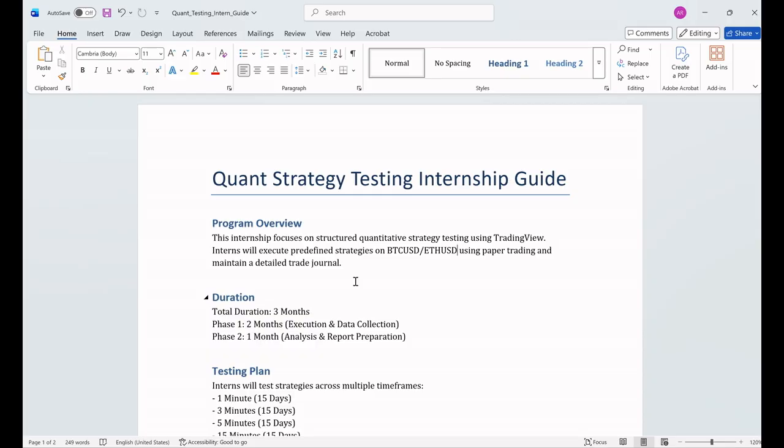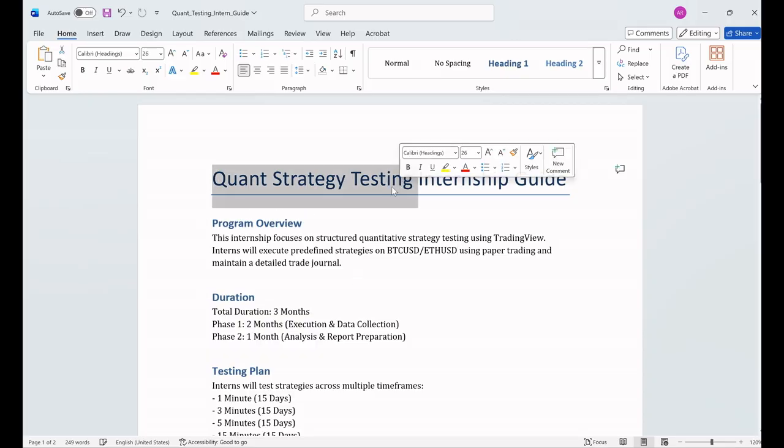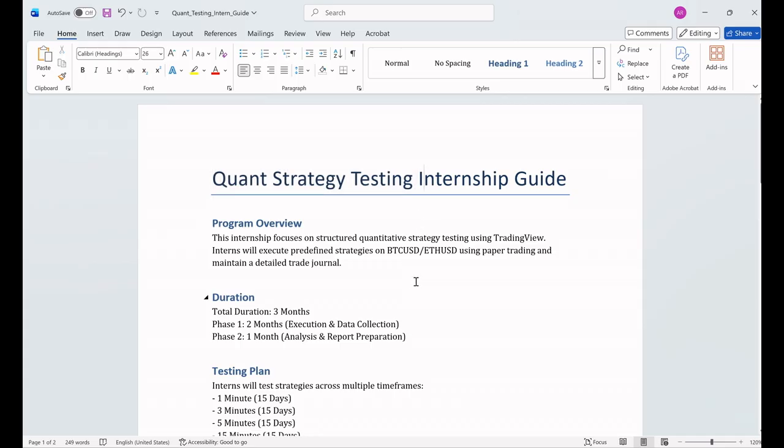First, let me explain the overall structure of this internship. This internship is designed as a quantitative strategy testing program. Now, what does that actually mean? It means that your role here is not to behave like a discretionary trader who takes trades based on intuition or experience. Instead, your role is to behave like a system tester.